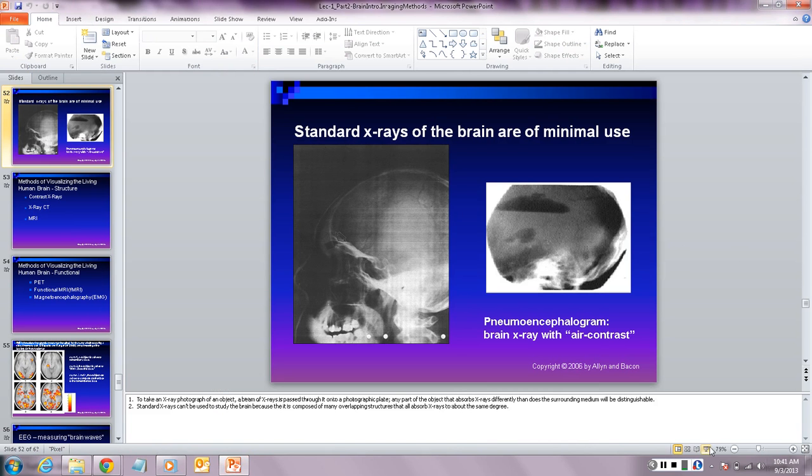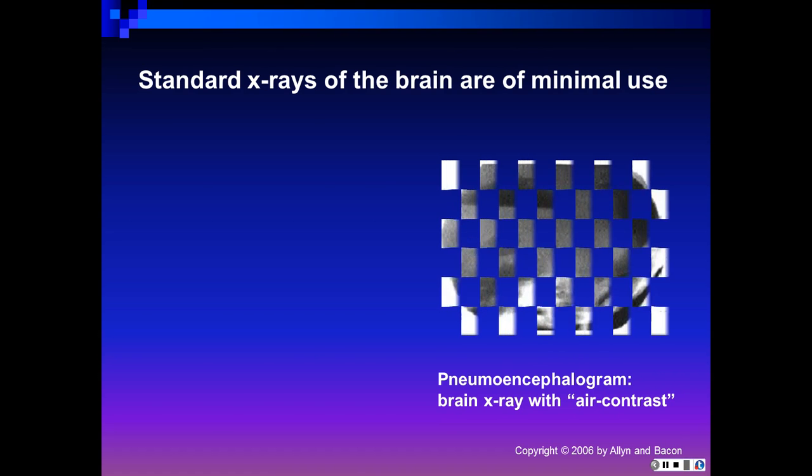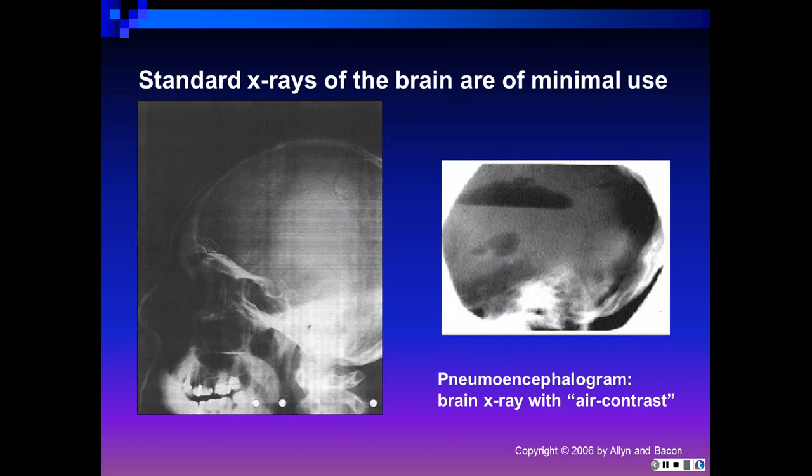Just to note that we don't do standard x-rays of the brain. They're really not very helpful because brain tissue doesn't produce a differential x-ray contrast. So you'll see the skull and then the whole brain will look the same, because gray matter and white matter are not different enough in terms of density; they have the same ability to absorb the X-ray, so it doesn't really give us much.